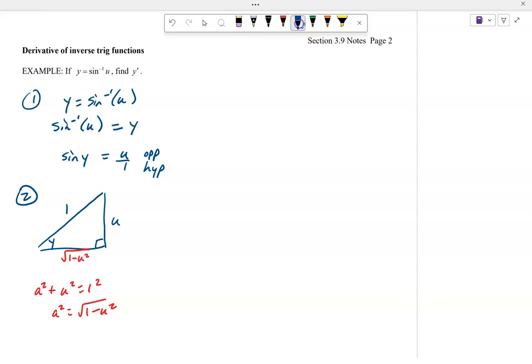And then I'm on to step 3. I have the sine of y equals u. What I'm trying to do is find the derivative of the arcsine, so let's take this derivative with respect to x.